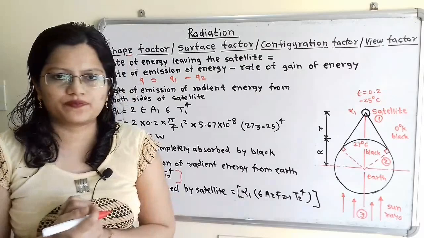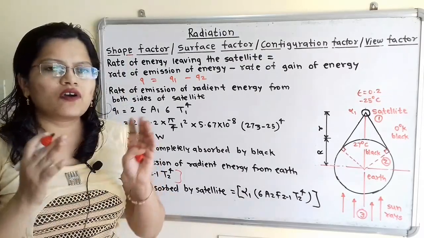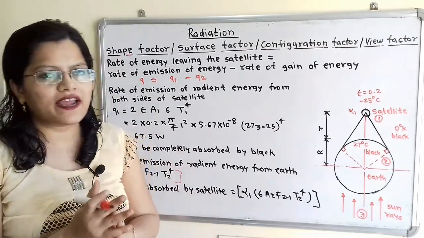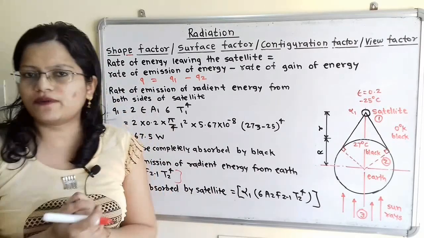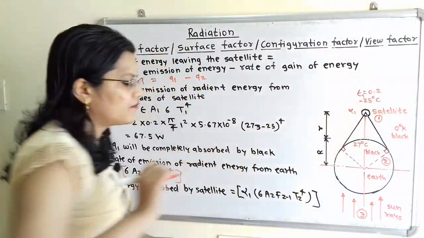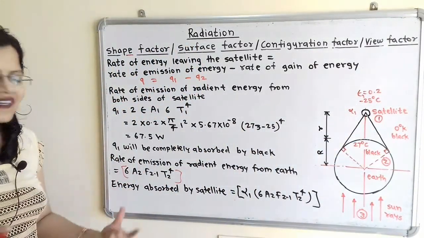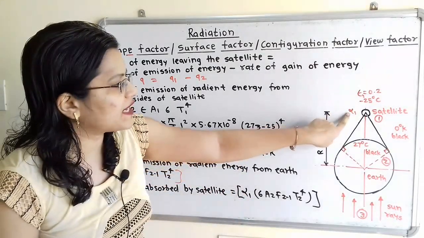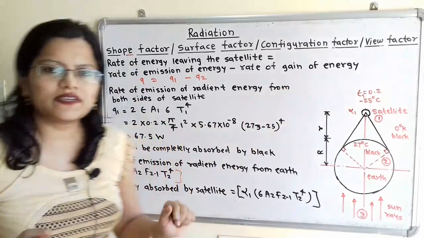But we know that according to Kirchhoff's law, absorptivity of satellite is equal to emissivity of satellite. That means here I will say this is epsilon 1. Then according to Kirchhoff's law, we can say that this alpha 1, absorptivity of satellite, is equal to emissivity of satellite.